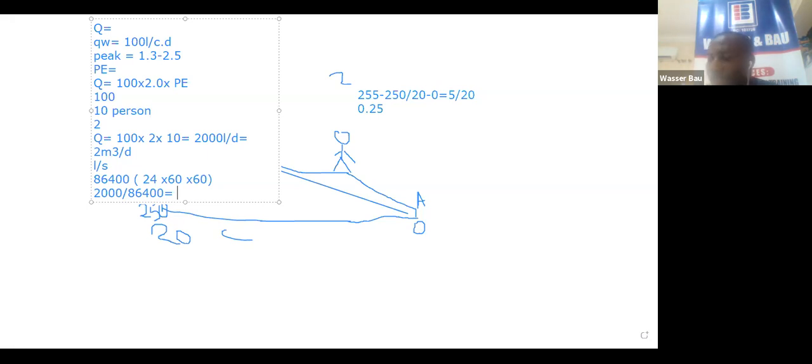That will give you 0.023 liters per second, which is the same thing as 2000 liters per day. These two are the same.